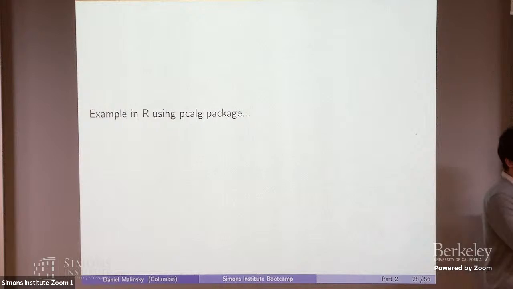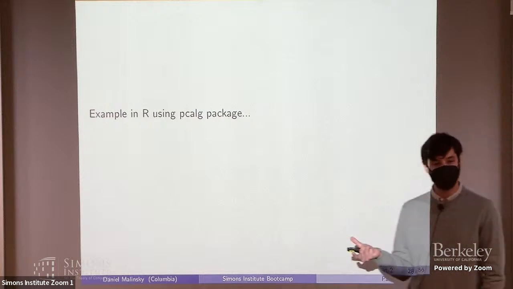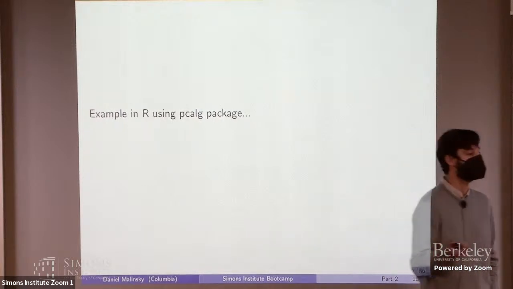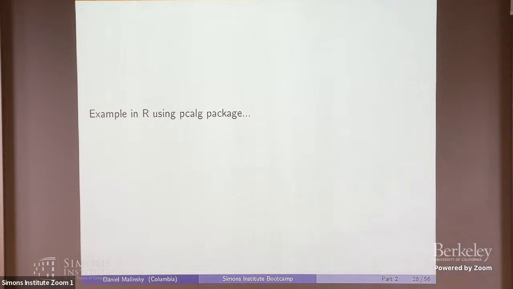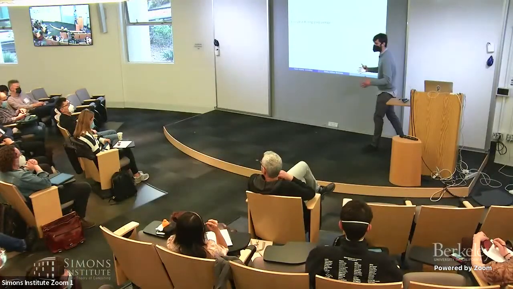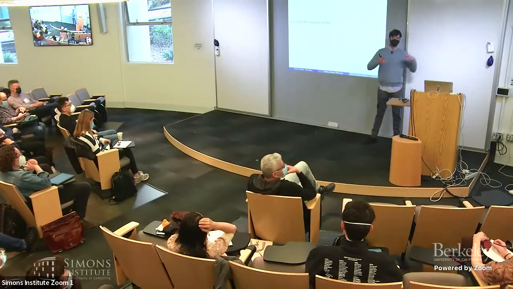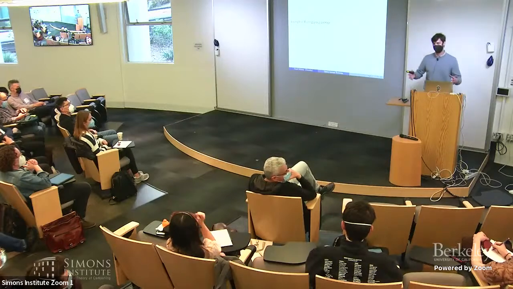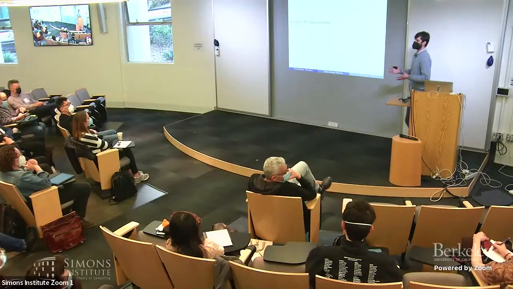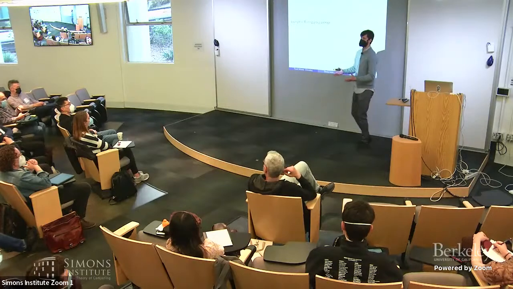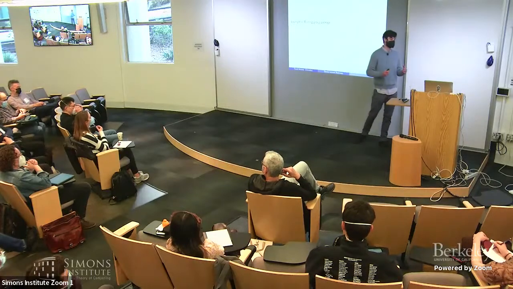I want to spend a little time mentioning some stuff you can do with a MAG or PAG, because it's not quite the same thing. The MAG or PAG will represent to you in a qualitative way ancestral relationships and some stuff about confounding, so there's a qualitative conclusion that you can read off the graph.